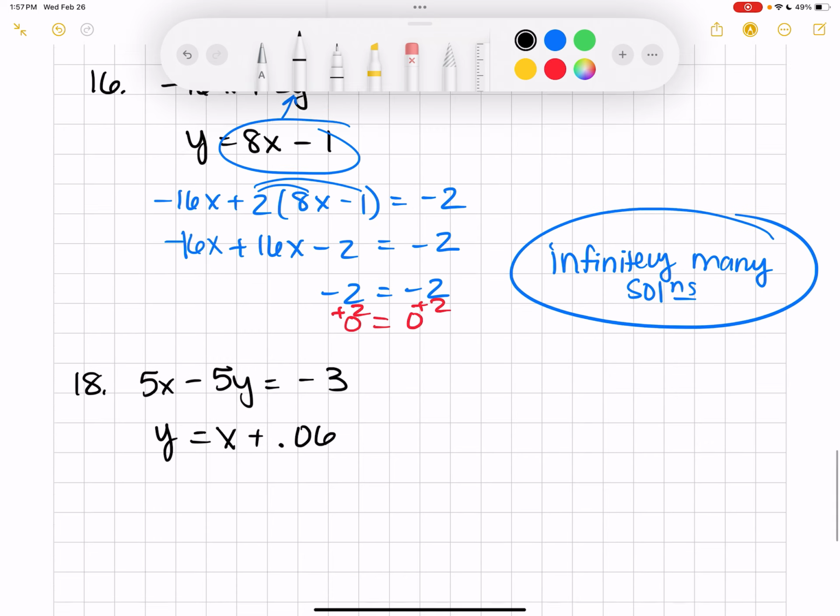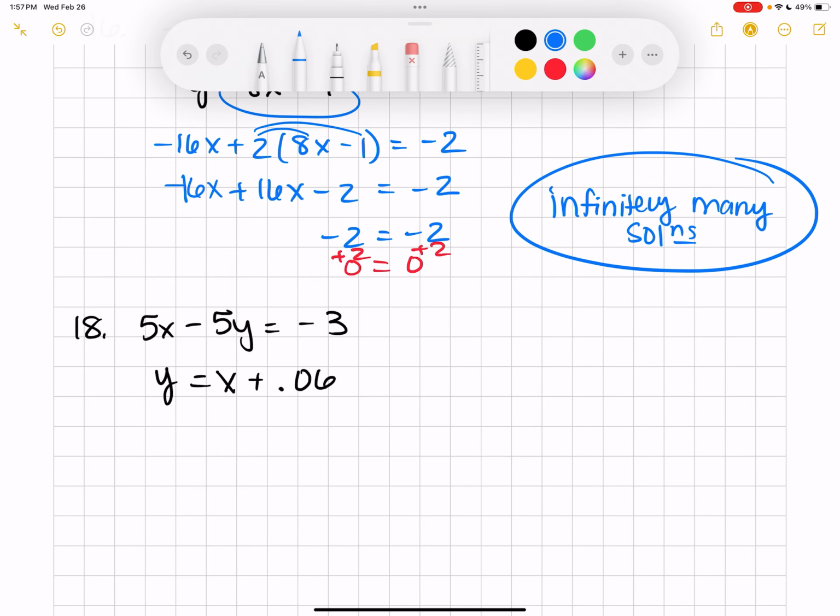We are going to do substitution, and yes, this one obviously does have a decimal in it, but we're going to do it so we can review multiplying decimals, because I feel like sometimes we struggle with that. So 5x minus 5 times x plus 0.06 equals negative 3. So I've got 5x, and then distribute minus 5x.